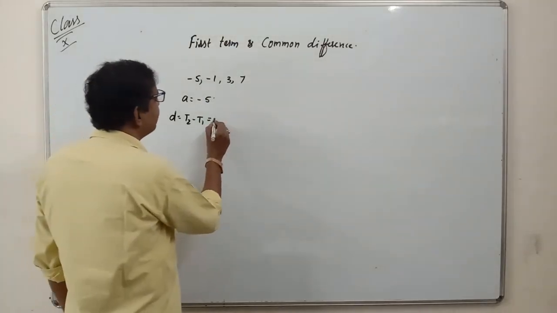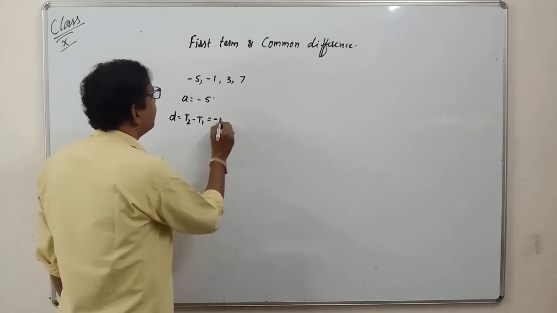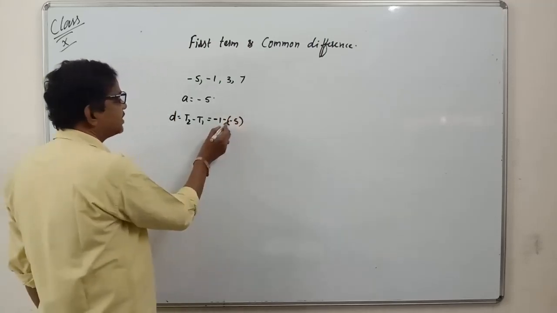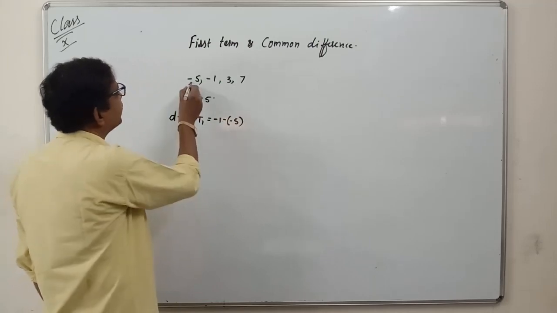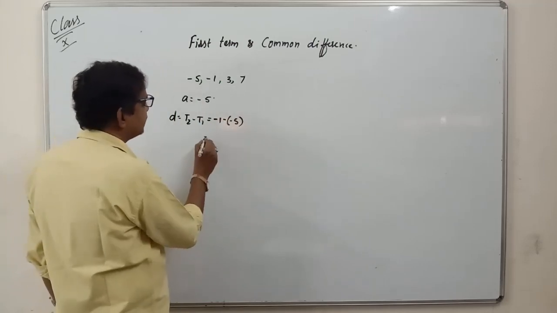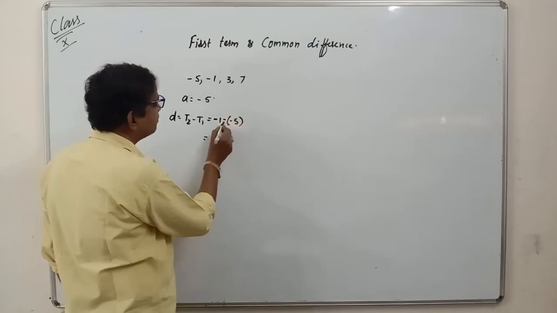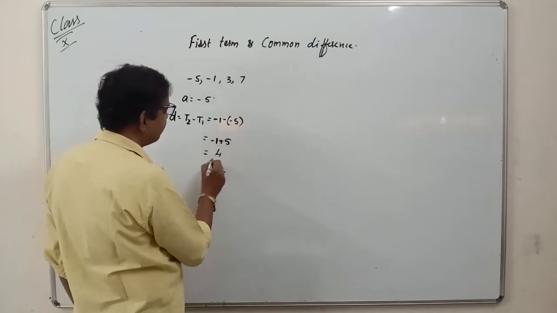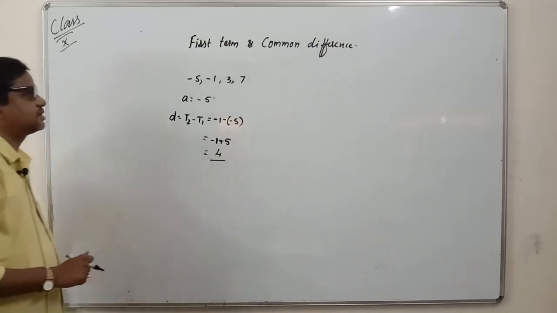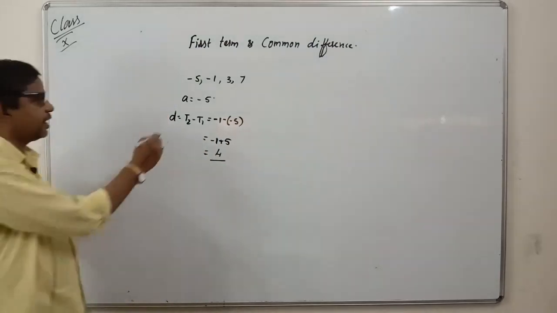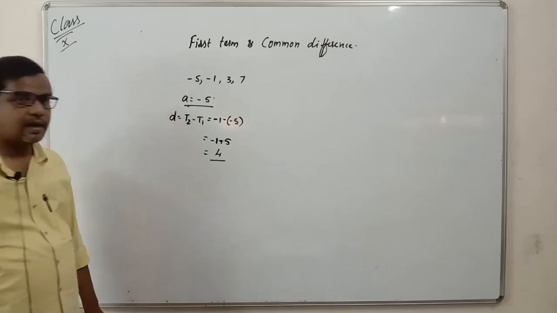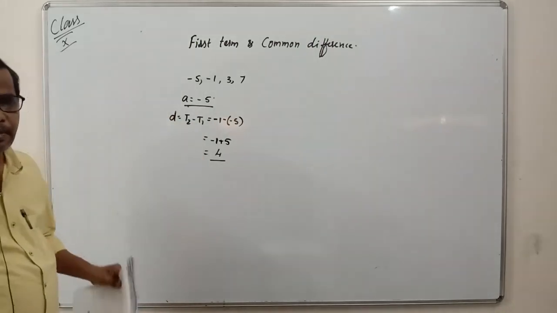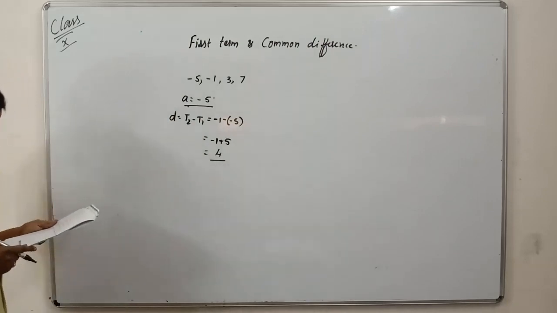T2 is minus 1 minus of minus 5. You should never forget this minus and minus; minus is there, and here also we have minus. This equals minus 1 minus into minus is plus 5, which equals 4. So the first term A is minus 5 and the common difference D is 4. Okay, and you can do the remaining problems also.